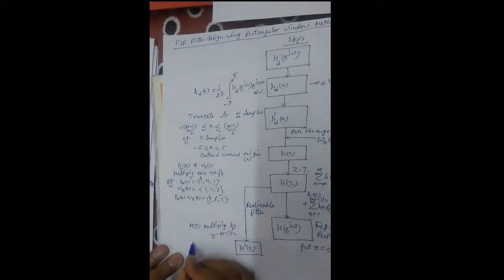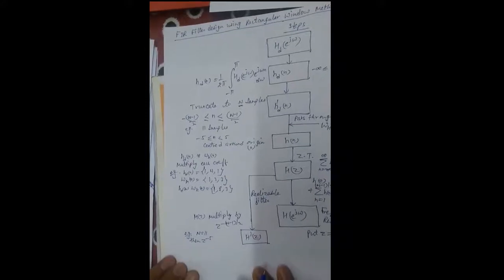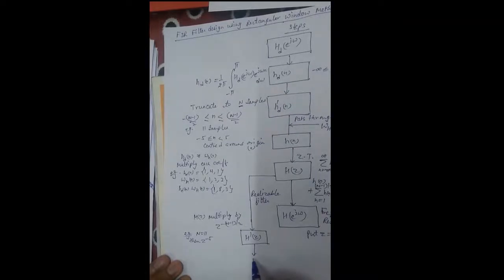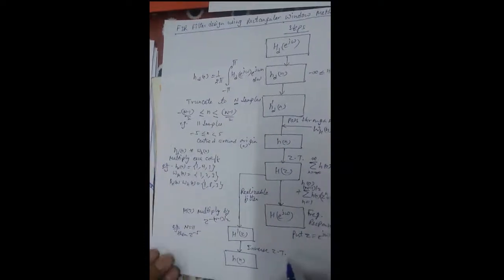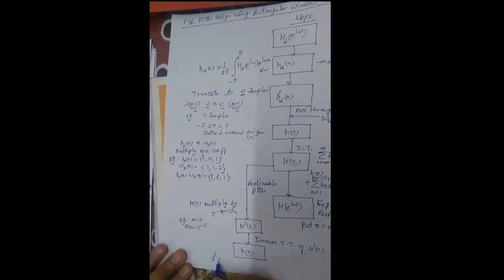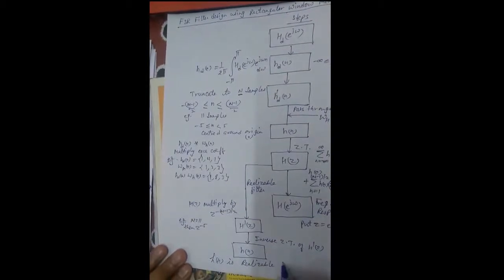N is obviously some number, N is 11 for example, then it will become z raised to power minus 5. And then, finding this H(z), we find the inverse Z transform of this H(z), and that h[n] is the realizable FIR filter.